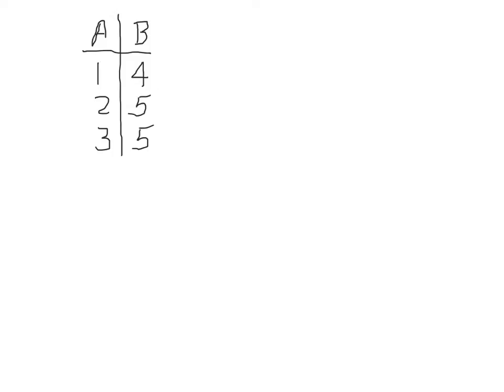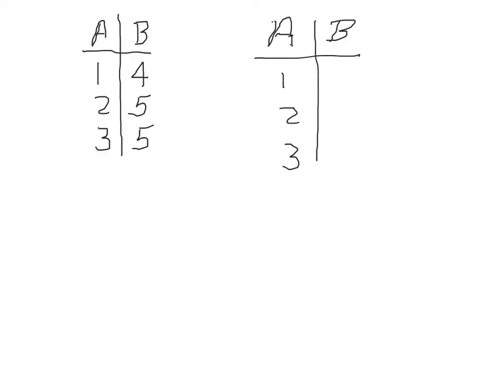Now, we could similarly have a table. Say I had a table like this, where I had A and B. And let's say we still had 1, 2, and 3 in set A. Okay.